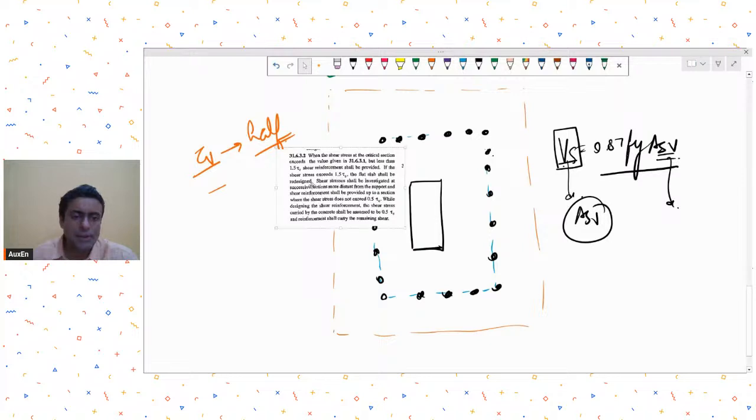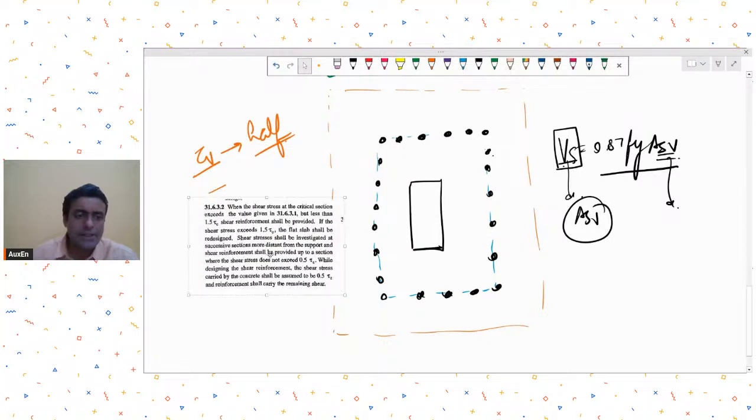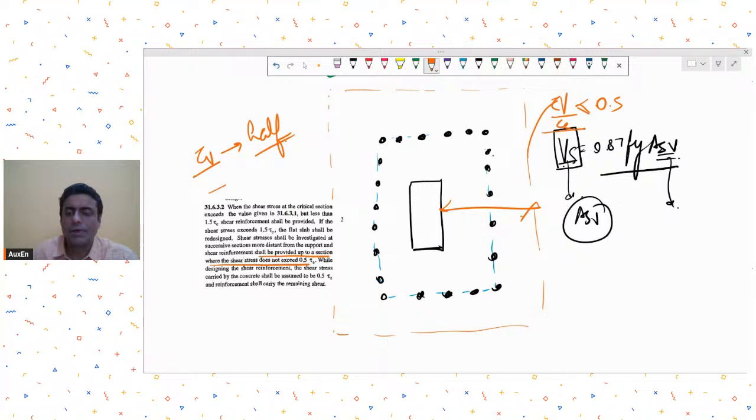I've just copied it. So when the shear stress at critical section exceeds this, shear reinforcement shall be provided up to a section where shear stress does not exceed 0.5 tau c. Okay, so you have to extend this till a distance when your tau v upon tau c becomes less than or equal to 0.5.